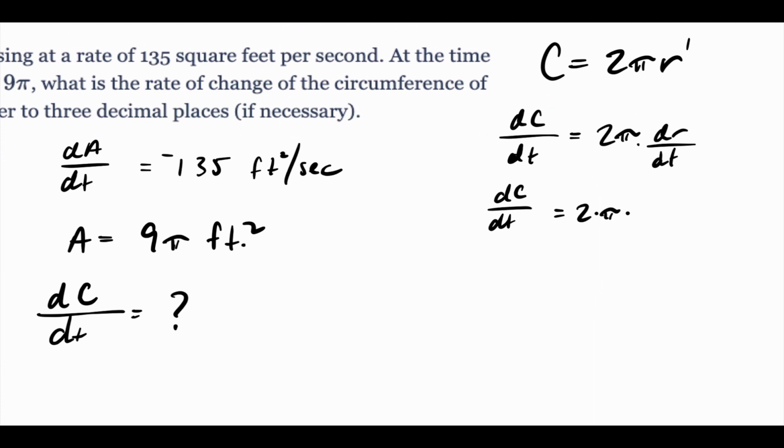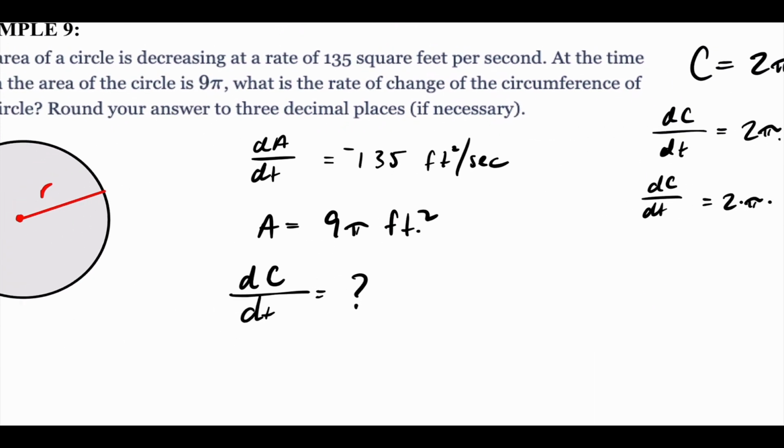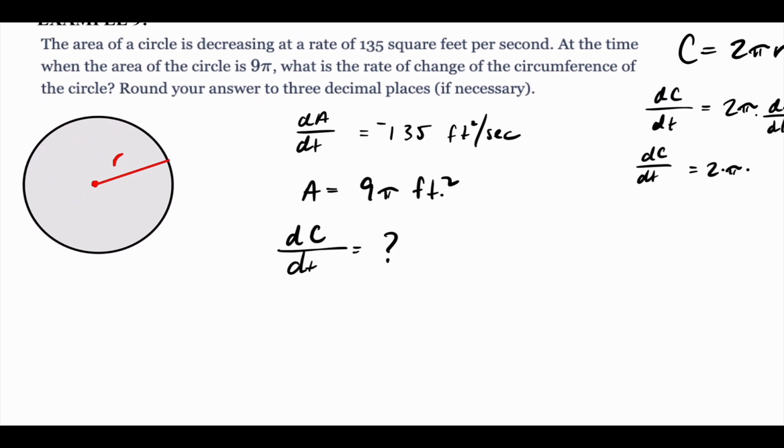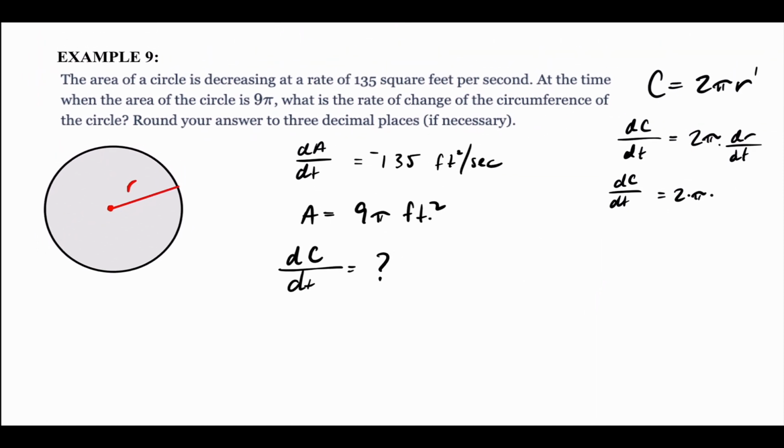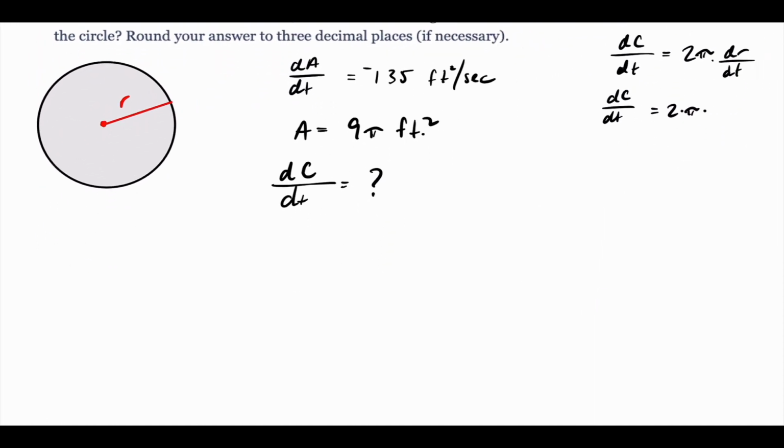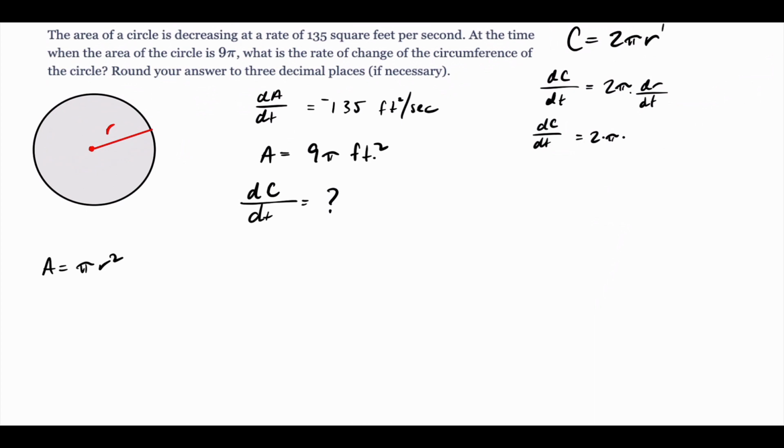I don't even know anything about the radius, right? So what I'm going to do is I'm going to have to find r first. Do I have enough information to find r? I do, right? How am I going to do that? What am I going to have to use to find r? The equation of area. I know the area, I just don't know what r is.